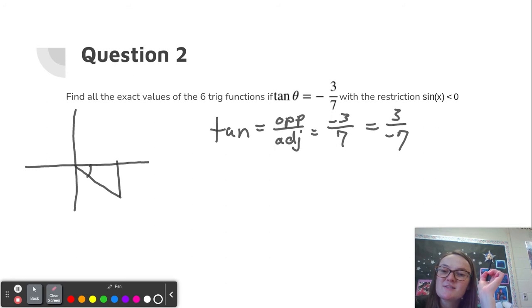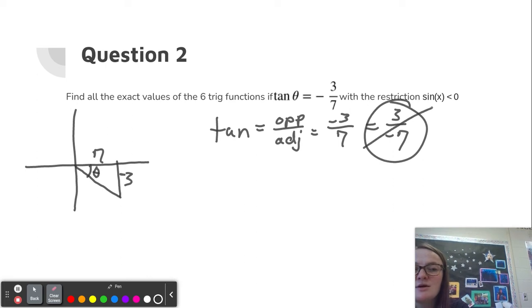What I'm going to do here is take my central angle theta, which should always be touching the origin, and sketch it out. It says that tangent is equal to opposite over adjacent. Well, the opposite number has to be 3, regardless of where I'm at, and the adjacent has to be 7. Now, looking at the triangle, I can see that 3 went down, and so 3 must be negative, and 7 must be positive. And so what I can see here is that the actual fraction is negative 3/7 and not 3/-7.